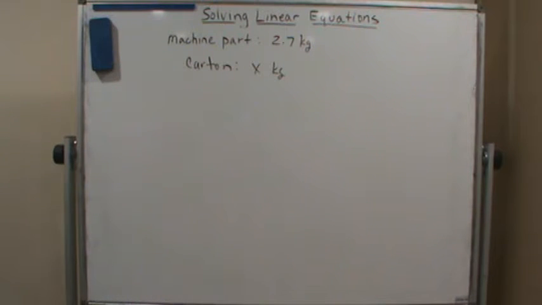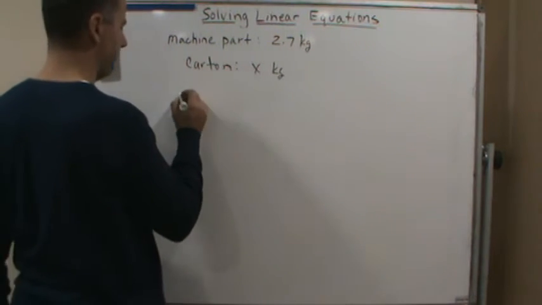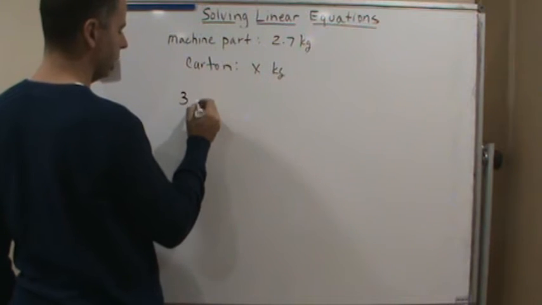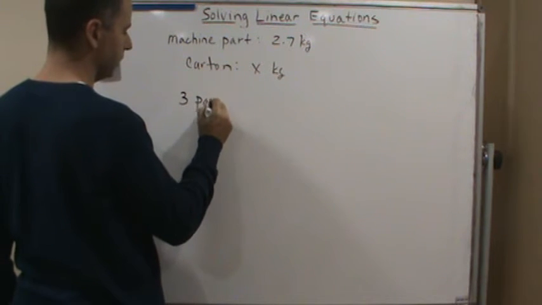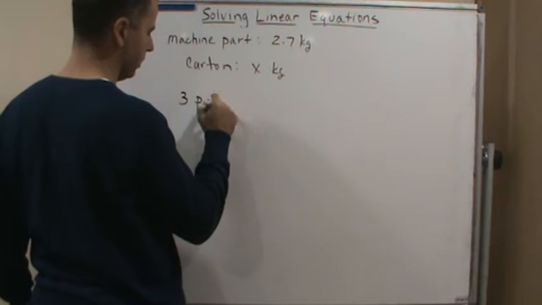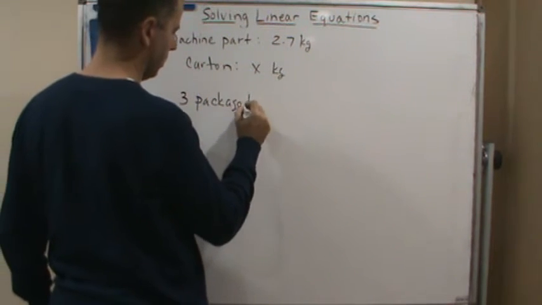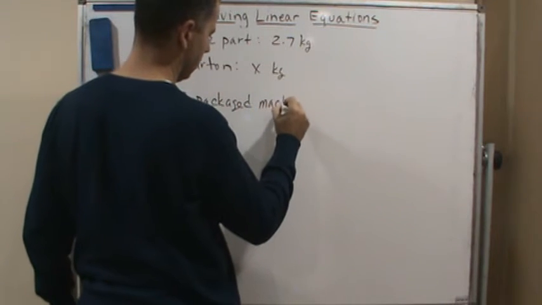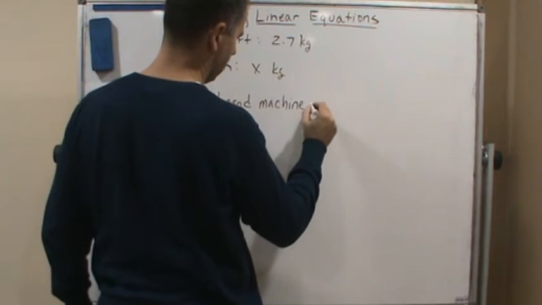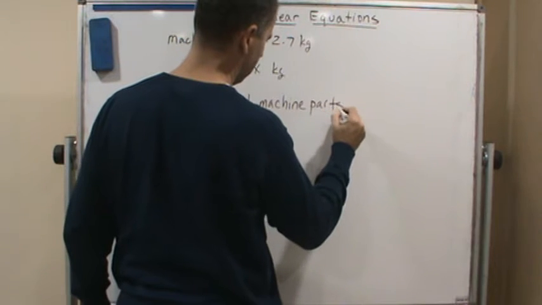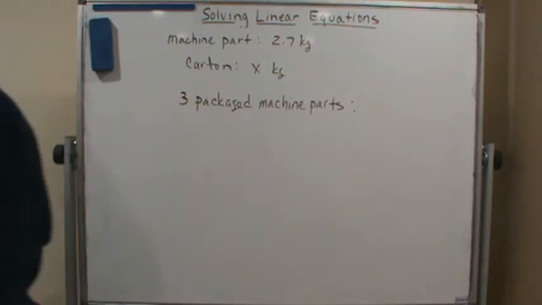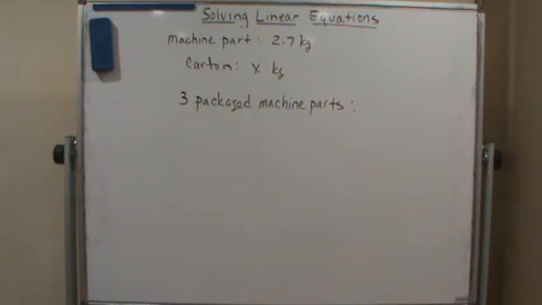Okay, so we have total weight. So if we have 3 packaged machine parts, they weigh 9.3 kilograms.